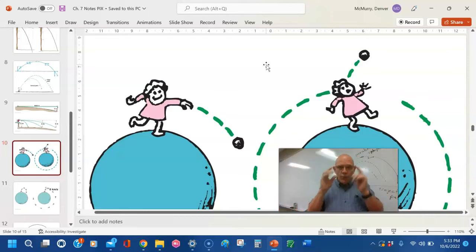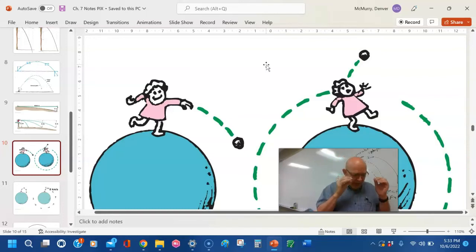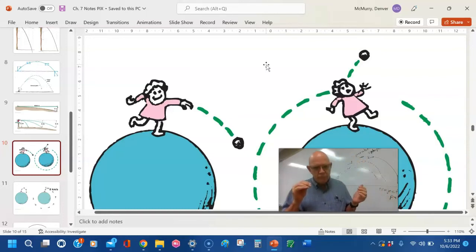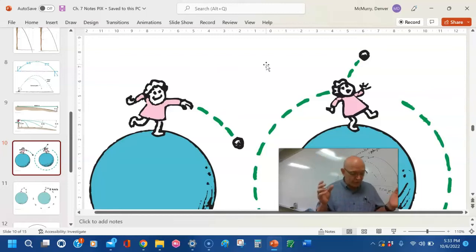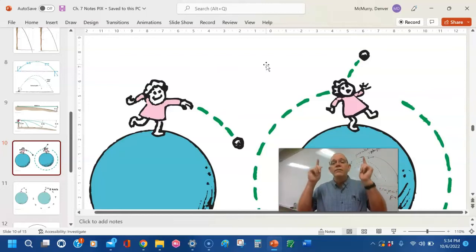So what happens? Well, they are going so fast that even though gravity is pulling them down to the Earth, they're staying the same distance away from the Earth. And so we say they're falling around the Earth as long as they can maintain that speed. The reason all satellites go at least 150 miles above the surface is that they have to get above the Earth's atmosphere.